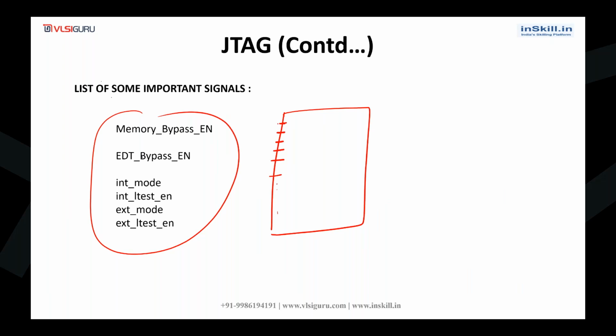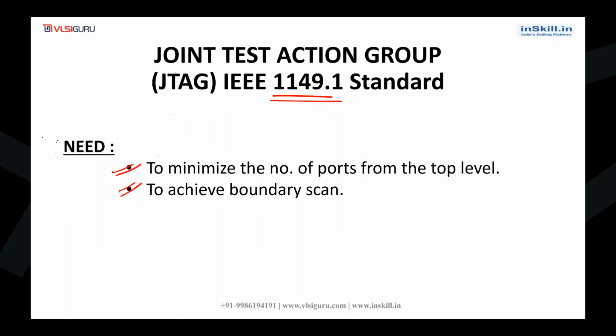The number of top level ports will increase drastically. So that is why we make use of JTAG to internally control these static signals, and that is the reason we are able to minimize the number of ports from the top level.